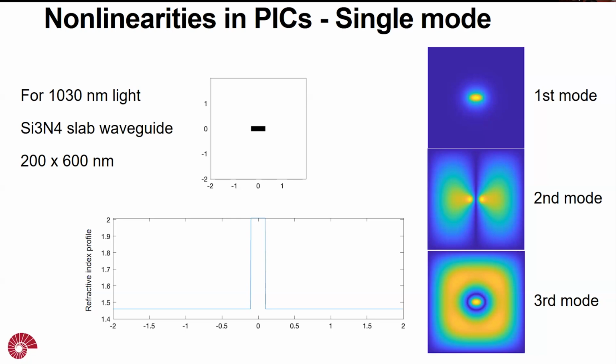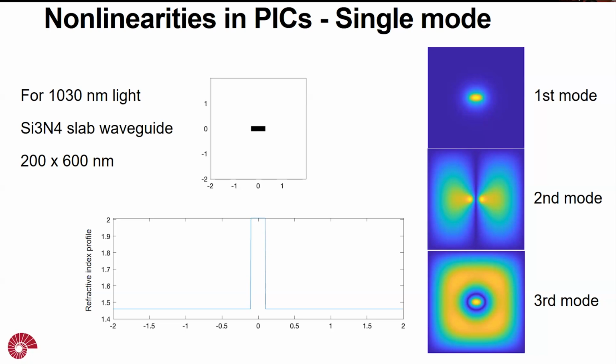My waveguide supports this shape, but the other one starts to leak. The third one is only in the cladding. It's not in my core, so I don't need to care about it. After a couple of millimeters of propagation, it will dissipate and leak.